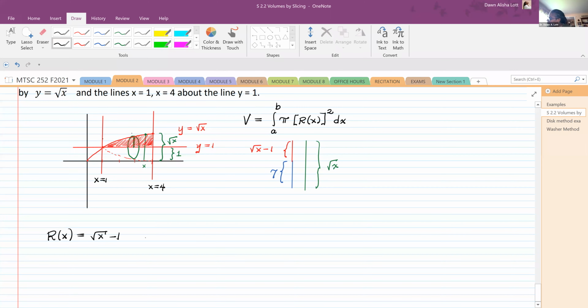We already know a is 1 and b is 4. So we're ready to do this. The volume is the integral between 1 and 4 of pi times the square root of x minus 1 squared dx.